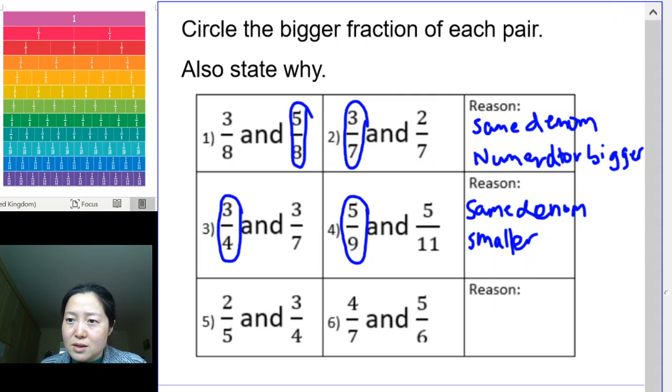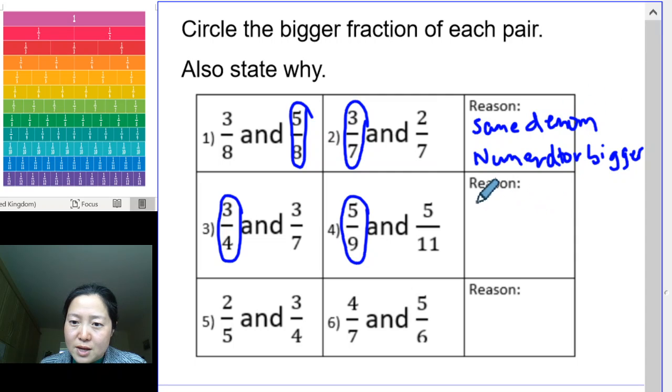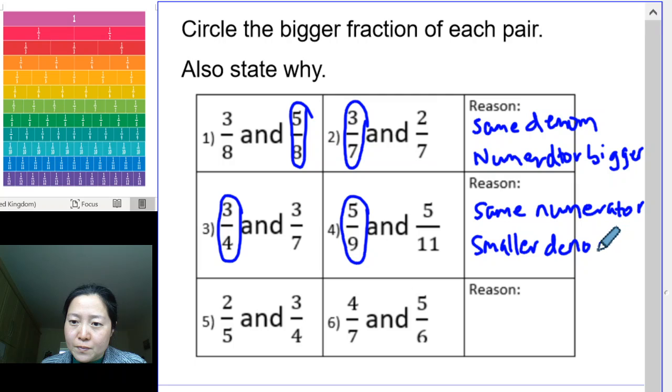This one is the same numerator, smaller denominator.